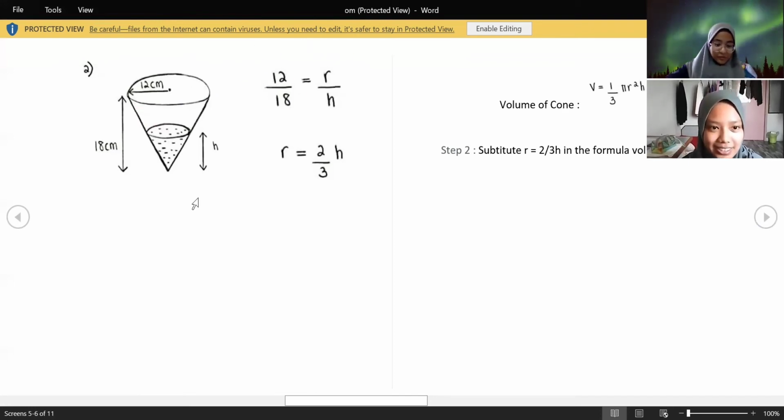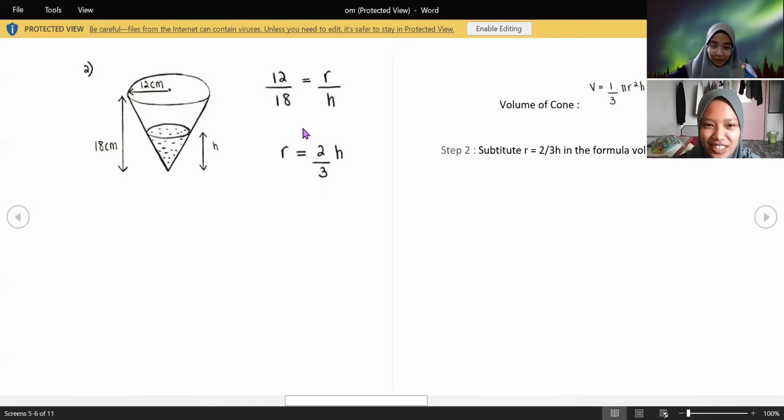Yes, correct. So how do we get 12 over 18 equal to r over h? The 12 and 18 are from the big cone, the container, and the right hand side is from the shape of the water level itself. Oh, because the water follows the shape of the container, right? Yes, the shape of the container.